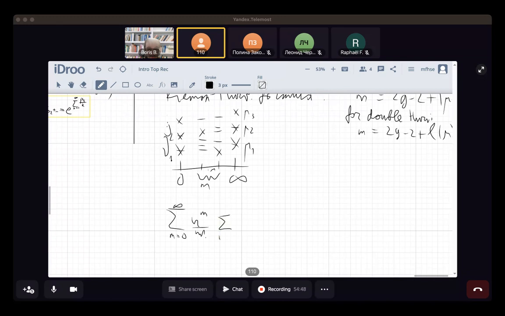Sum over n, let's call it L, from 0 to infinity.